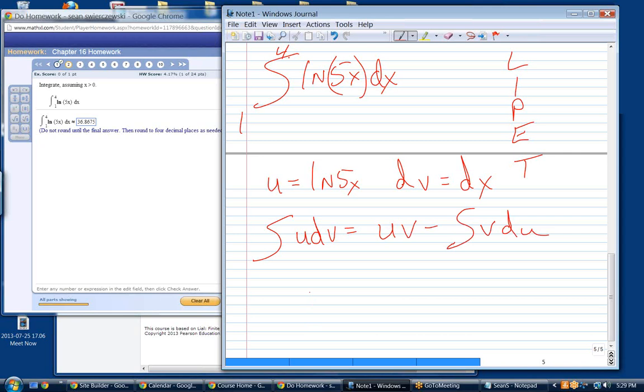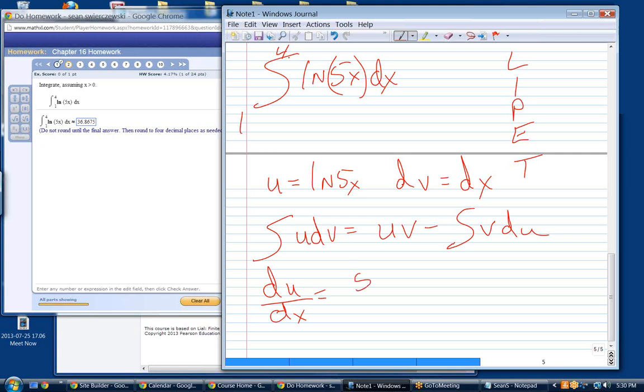So let's leave that there. What is du? Well, what's du dx? What's the derivative of the natural log of 5x? Isn't it 1 over 5x, times 5?